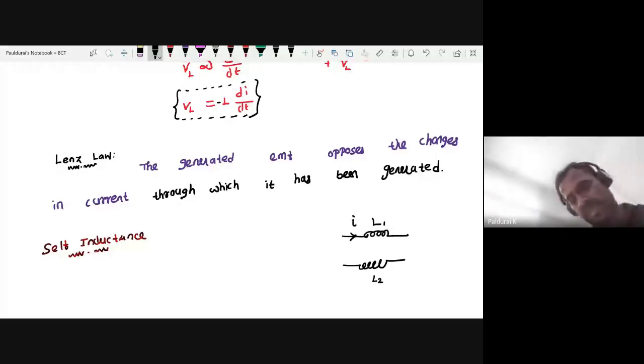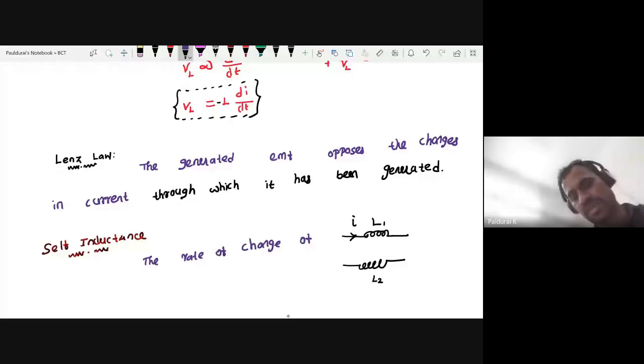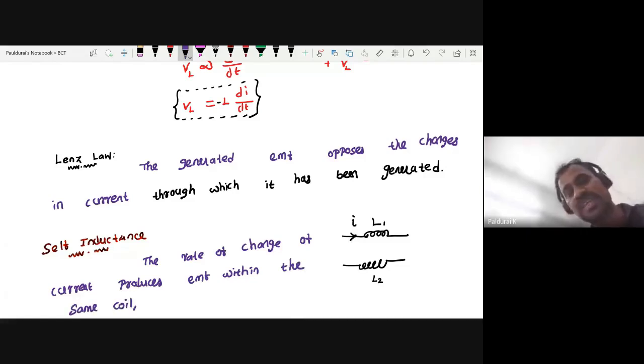Let me give the definition first, then I will explain with its help. The rate of change of current produces voltage or EMF within the same coil; then it is called self-inductance.